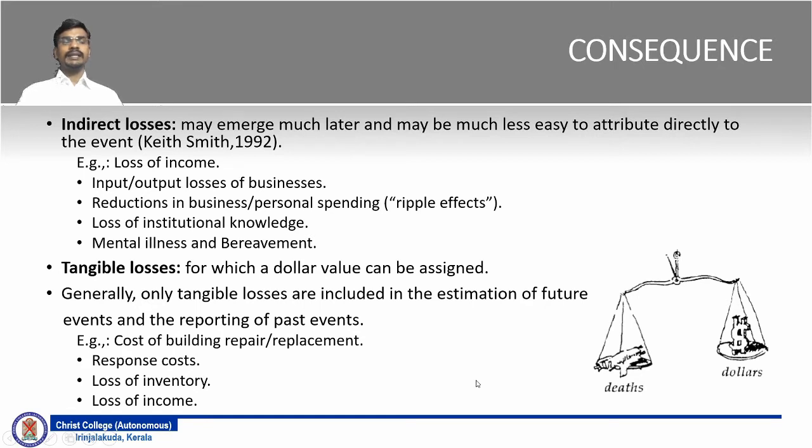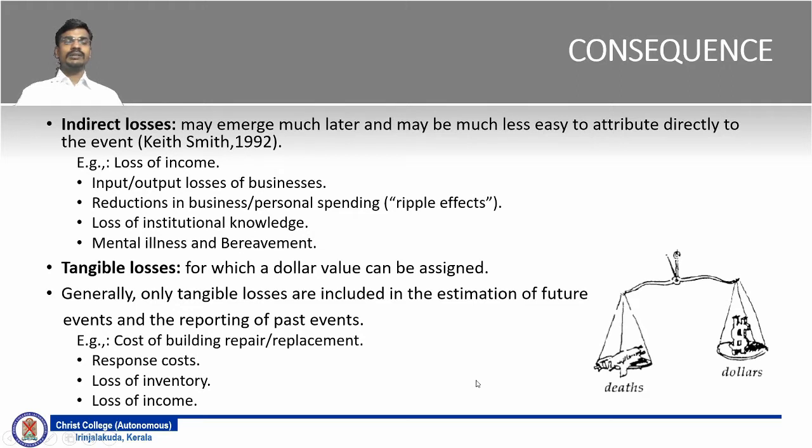This is exactly the case with the ongoing corona pandemic, where many people were affected due to the indirect losses. Now consider the tangible losses, for which a dollar value can be assigned.